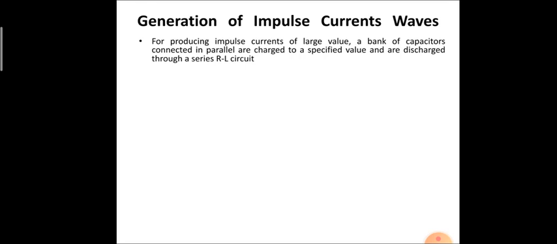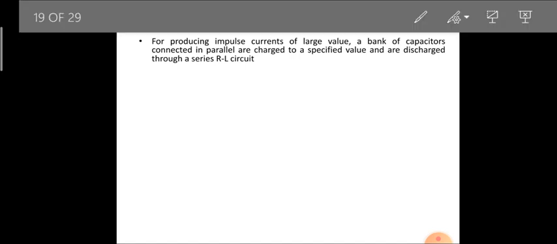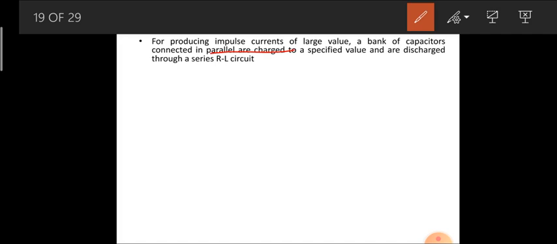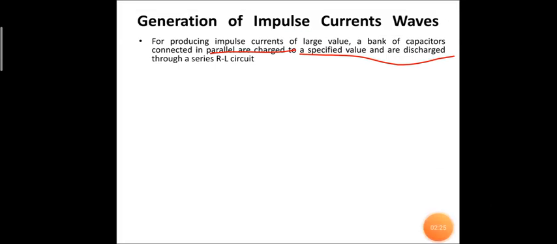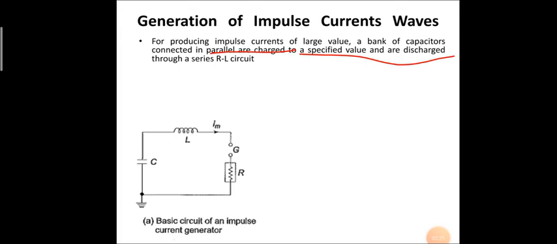Now see, for producing impulse currents of large value, a bank of capacitors is connected in parallel and charged to a specific value and discharged through a series RL circuit. You can see this.